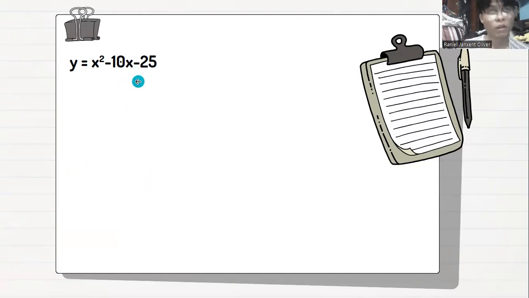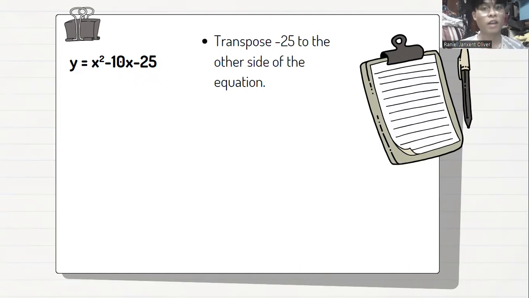In a perfect square trinomial, the constant number is always positive. Since it isn't positive, it is just a simple constant of the equation. Therefore, we need to first transpose it to the other side of the equation.